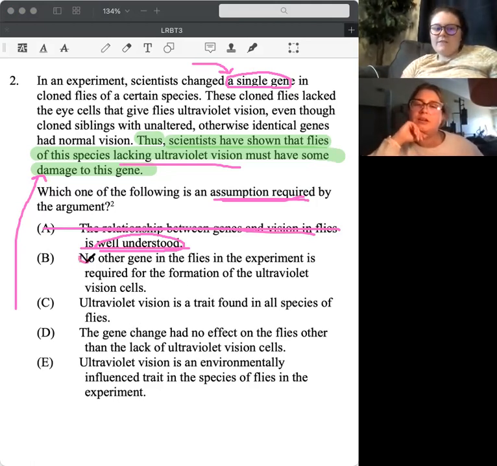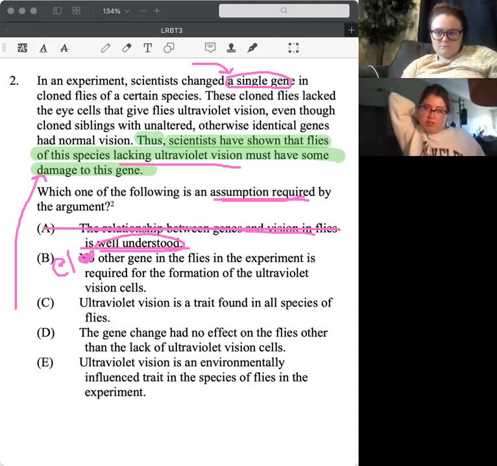So the opposite of none is like at least one, right? Some. So some other gene in the flies in the experiment is required. So some other gene. I don't think that's necessary. Some other gene is necessary. Would some other gene destroy it?